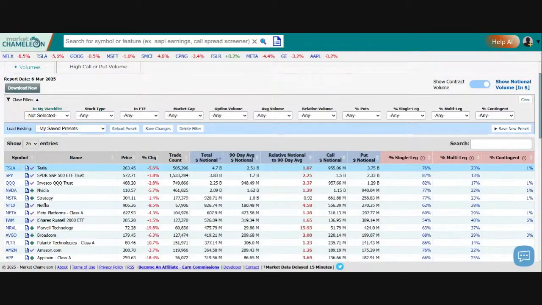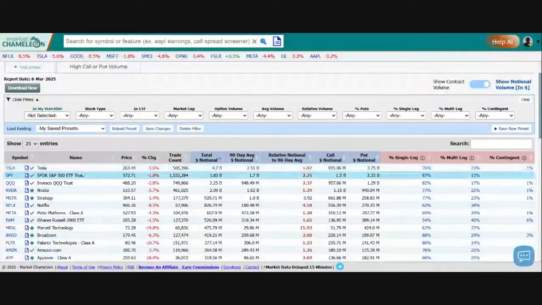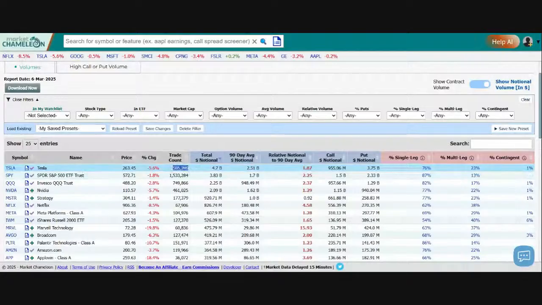And if we go from left to right, you could see here up top is Tesla. You have the stock price, the number of trades, and the dollar value of all the trades versus the 90-day average. Yesterday the dollar value of the trades was 1.8 times its average daily volume.